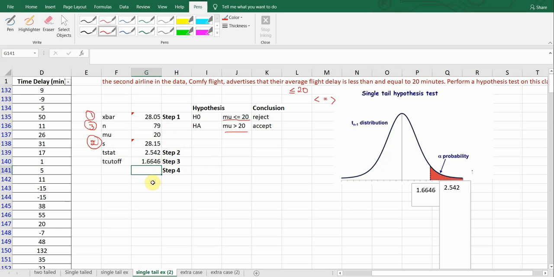1.6646. Now after finding this t-stat and t cutoff value, you need to draw a normal distribution curve and plot these two values. So now the t cutoff value is, for example, let us assume that it is this particular line. This is the line which is the t cutoff value.